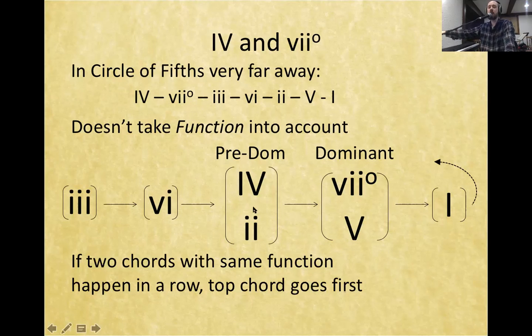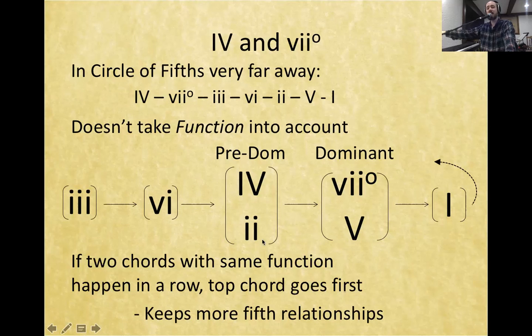If we wanted a progression where we used both a 4 chord and a 2 chord, we would use the 4 chord first and the 2 chord second, because 2 is stronger in that it'll move to 5. We would get that circle of fifths relationship, 2 going to 5 and then 5 going to 1.